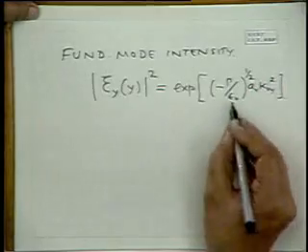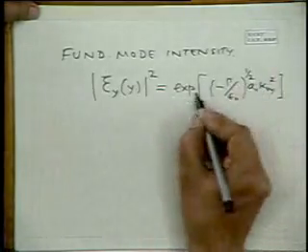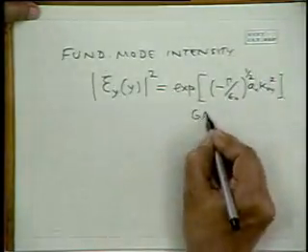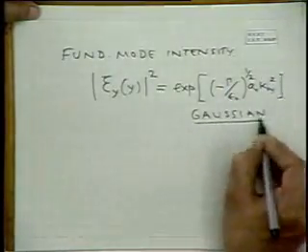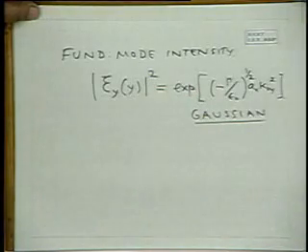So this is exponential minus something squared, so this is a typical Gaussian distribution as a function of y.